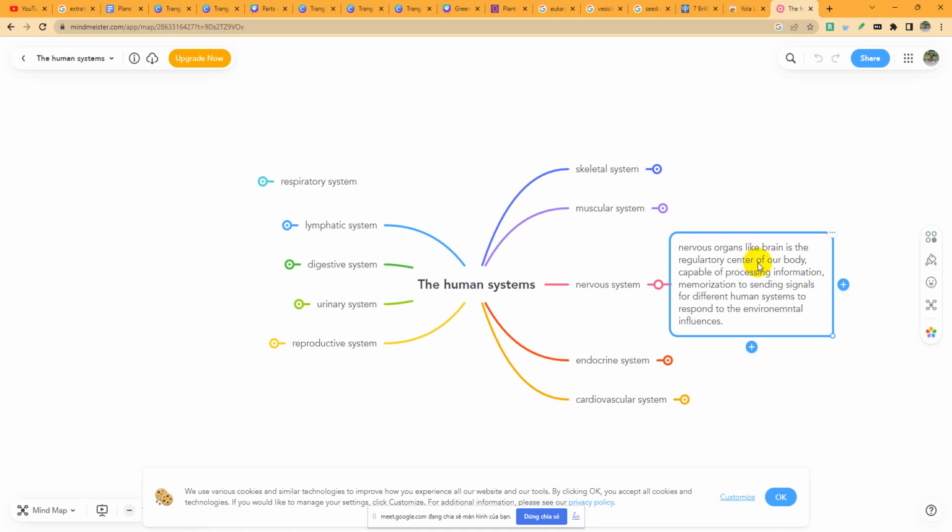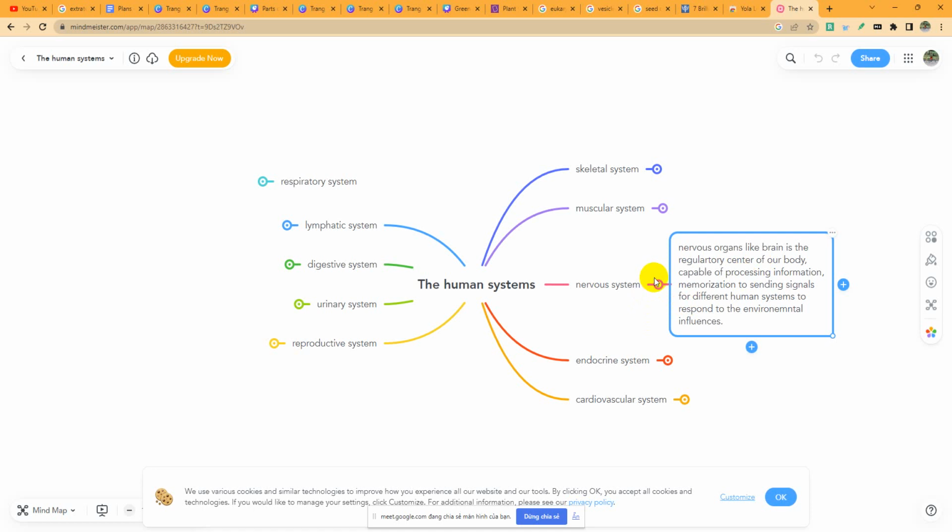But the nervous system is absolutely different from the nucleus in terms of processing information, memorization, and sending signals to different human systems to respond to environmental influences, right? So the nervous system, unlike the nucleus, can actually be more active and more responsive to environmental influences.